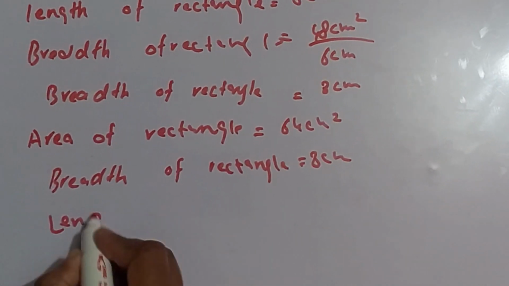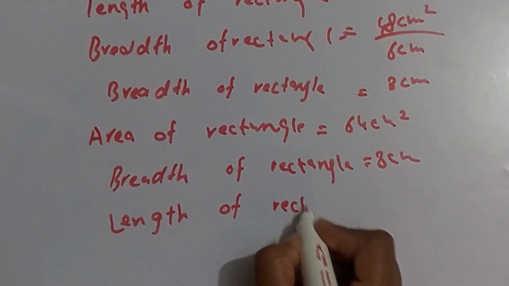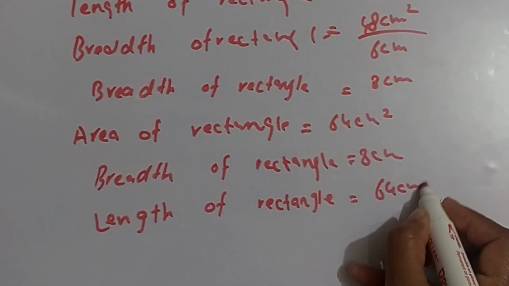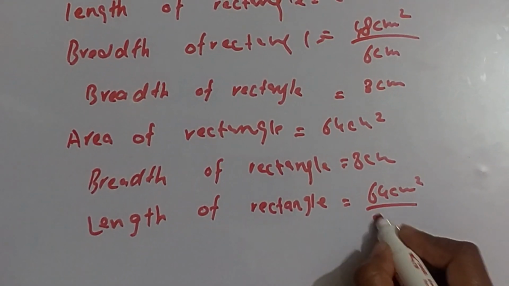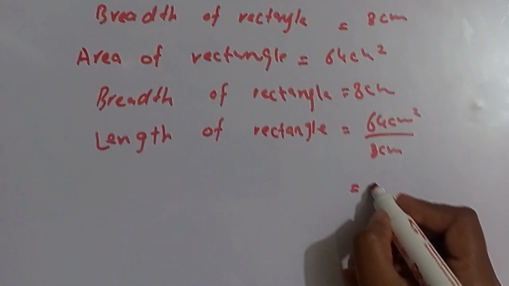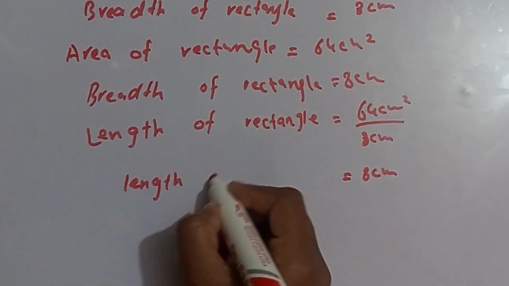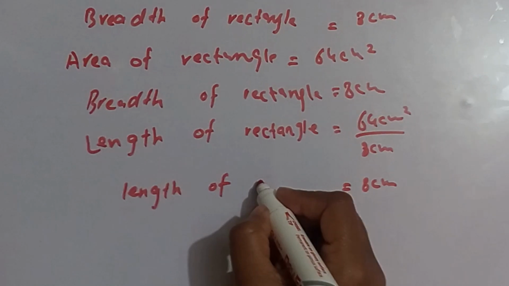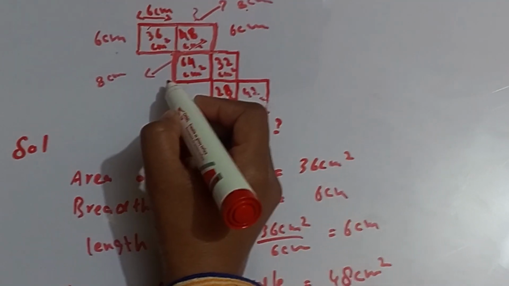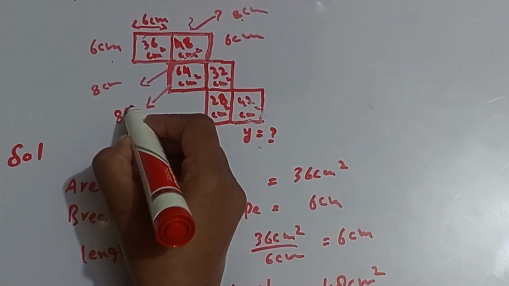So the length will become 64 centimeter square divided by breadth 8 centimeter. We get 8 centimeter. So the length of the rectangle is 8 centimeter. This implies the length of this side is 8 centimeter.